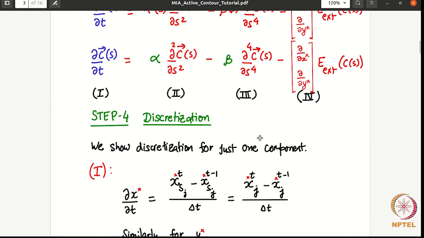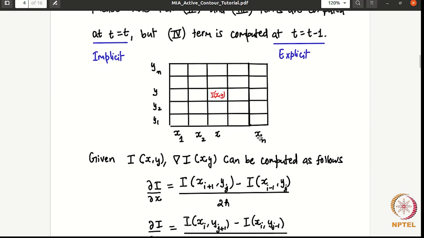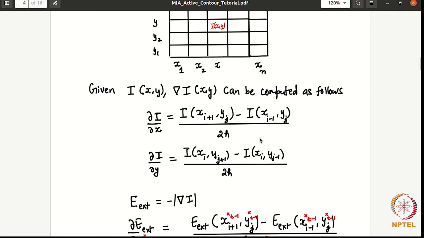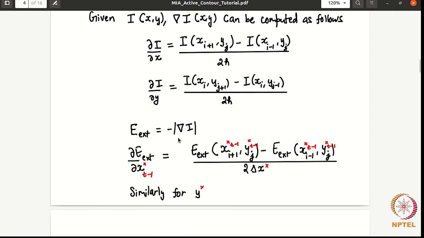Now I will explain the discretization of these terms. Given an image I as a function of x and y, grad I can be found using Cartesian coordinates, and the negative of its magnitude gives the external energy.